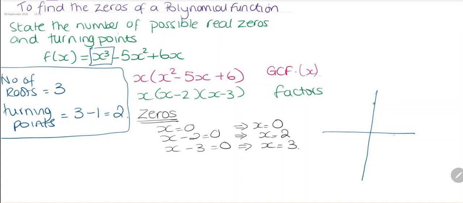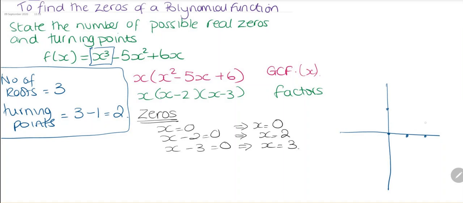I'll see if I can draw this. Our graph is not very straight, so I'm going to do that again. So here are our points, the zeros we found.